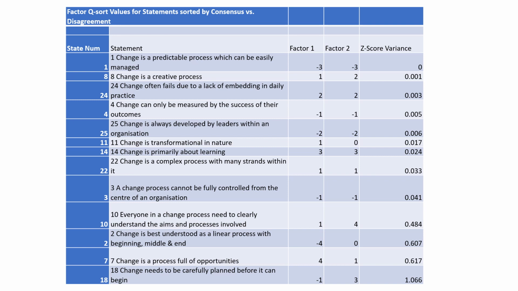So you can begin to see these are roughly where you'd expect to find them, between -4 and 4. For example, change is a process full of opportunity, 4 and 1. The actual variance is about 0.617. So it's that idea again of being able to look at similarity and difference.